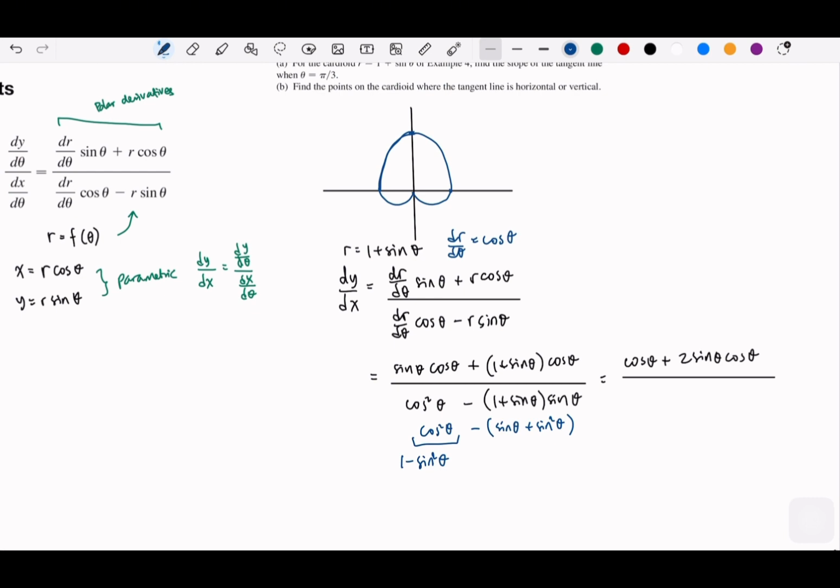So the bottom part is negative 2 sine squared, and then 1 minus sine theta. Or maybe let me write sine theta first.